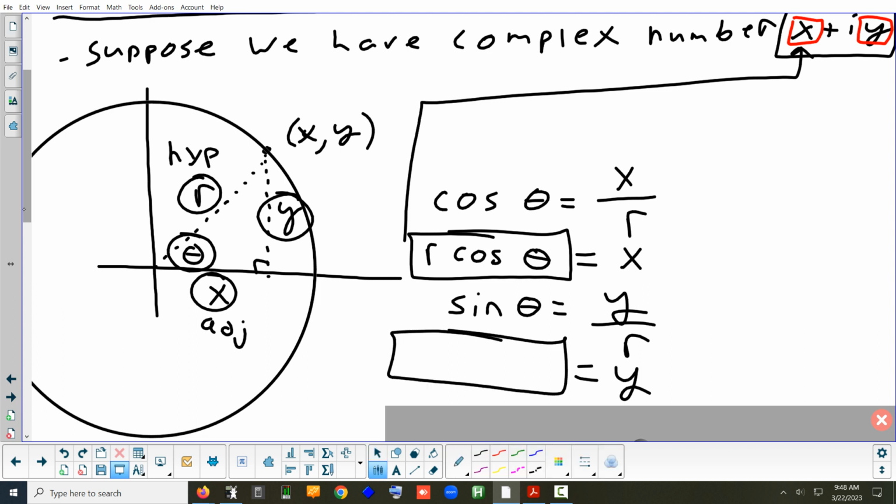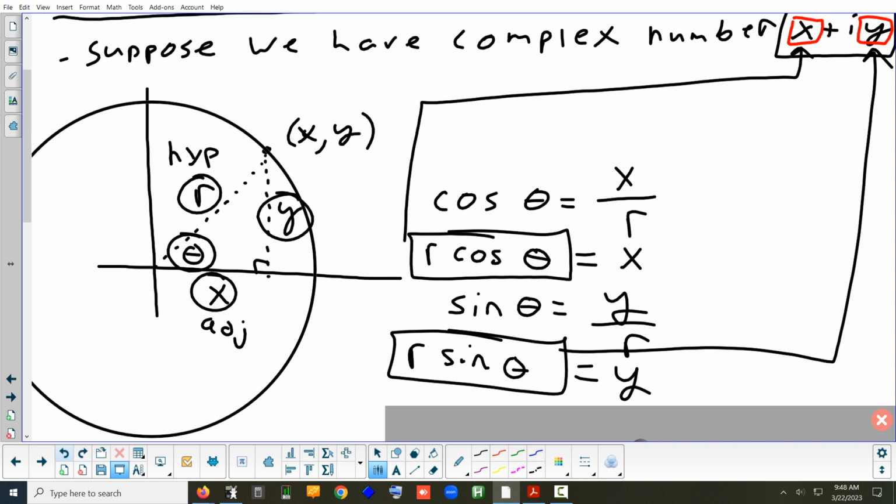Now do the same thing we just did. What would be your formula for y based on the absolute value of the complex number, the radius, and the amount of rotation? R sine theta. So that is going to get plugged in right there.